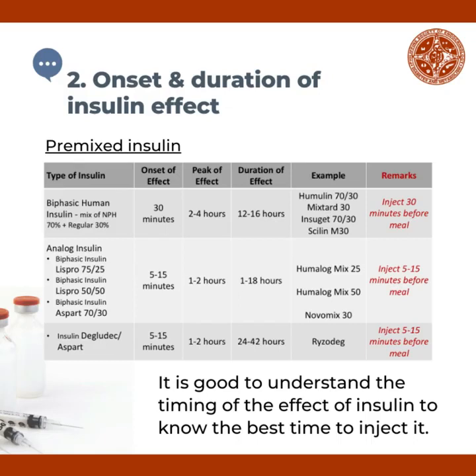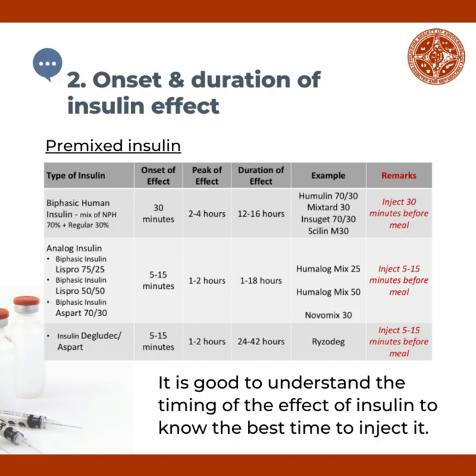Biphasic insulin analogs contain different proportions of a longer-acting basal and a rapid-acting component. The onset of effect is at 5 to 15 minutes. The peak effect is at 1 to 2 hours, and the duration of effect is at 1 to 18 hours.